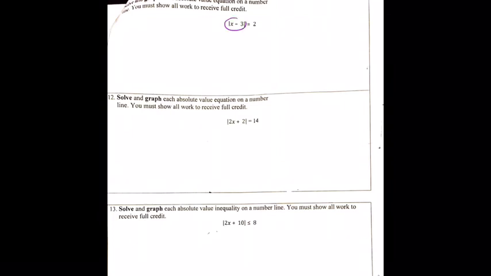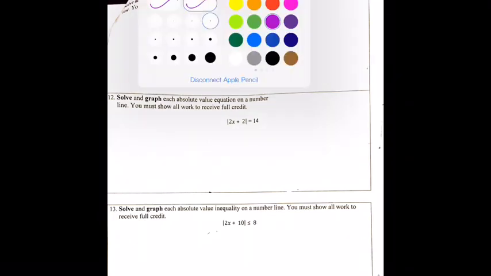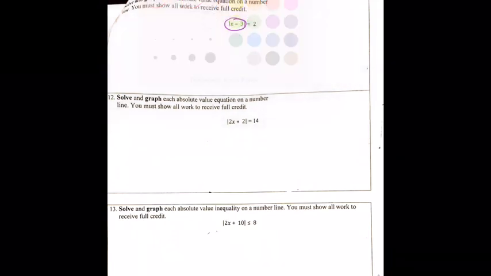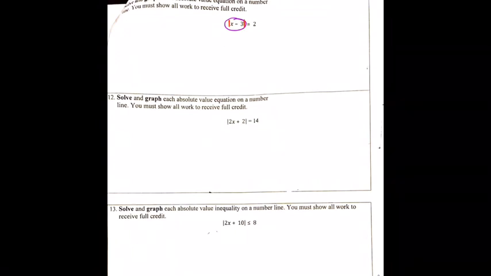So remember, the first step we do whenever we have absolute value, it doesn't matter if it's absolute value equations or inequalities, we have to isolate the absolute value. By isolating, I mean take your absolute value bars and everything inside and get them by themselves on their side of the equal sign or inequality sign.